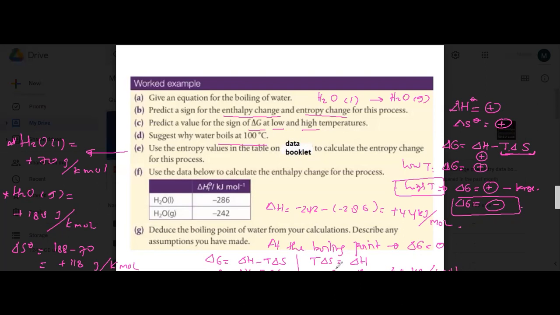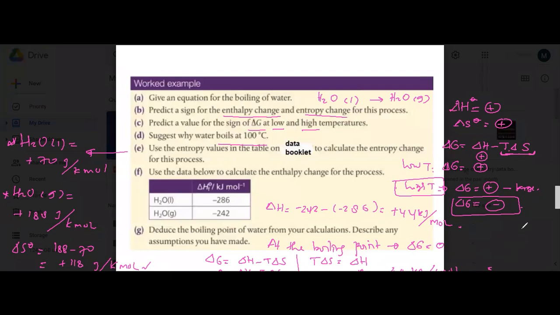Sorry, we want to find T, right? So I change this: T equals delta H over delta S. So 44 kilojoules per mole over delta S, which is 118 in joules. So we should convert this to kilojoules, times 10 to the power of negative 3 kilojoules per Kelvin mole.